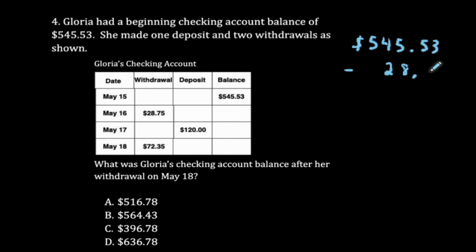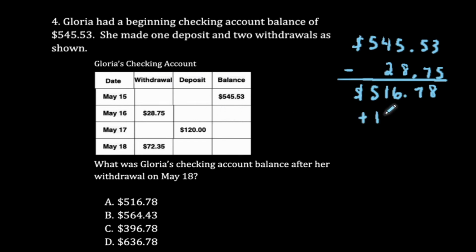So we're subtracting here. Okay, so we have $545.53 minus $28.75, which is equal to $516.78.